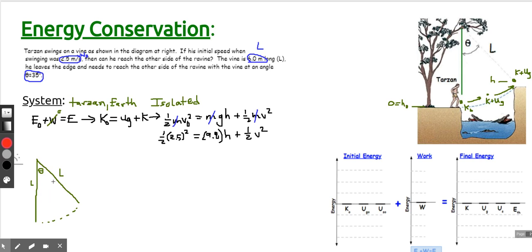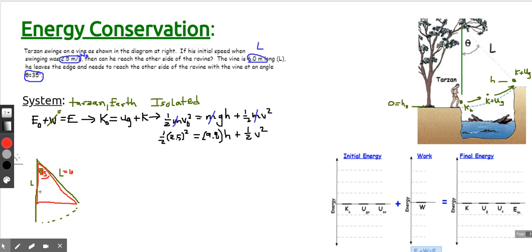So if we know this length and the angle, then I think we're going to have a situation where that kind of makes a nice right triangle for us. And we know that this is 6 meters, and we know that this is 35 degrees right here.